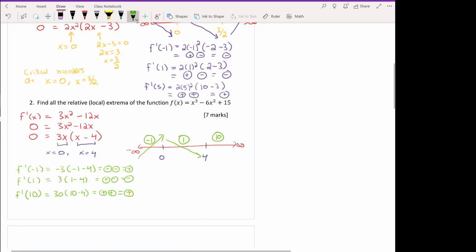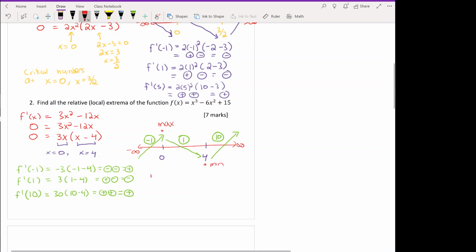So increasing in that region. Okay, so we're close to being able to conclude. We can tell that there's a max at 0 and there's a min at 4.